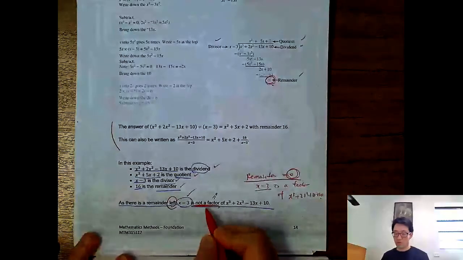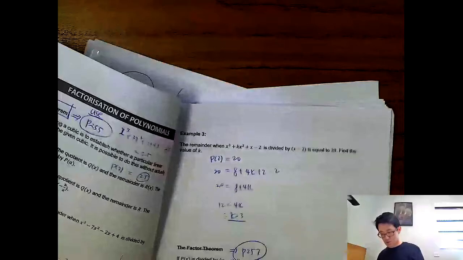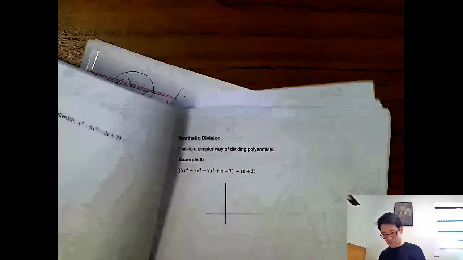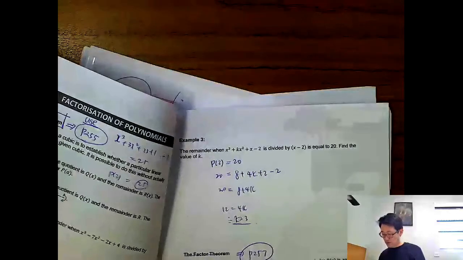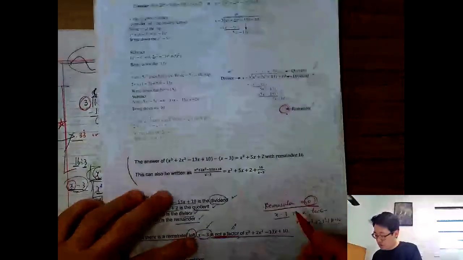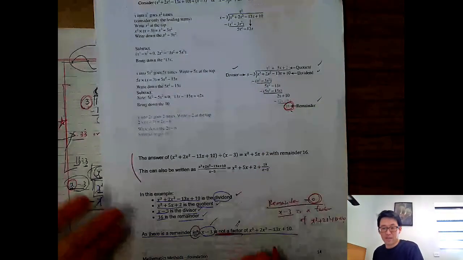Okay, well, we're gonna check that probably. Yeah, remainder theorem, factor theorem, we'll check that later. But today, all you need to know is this. That is remainder, so that's not a factor.